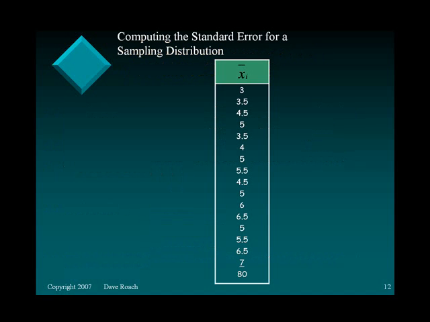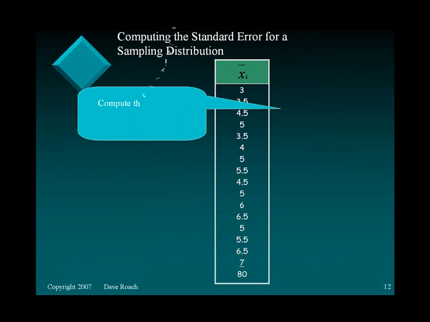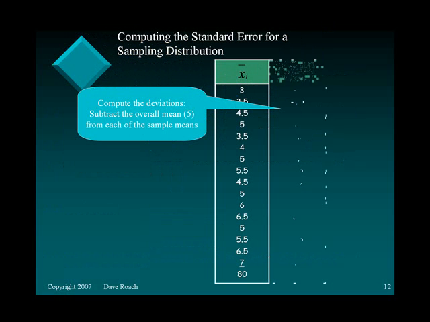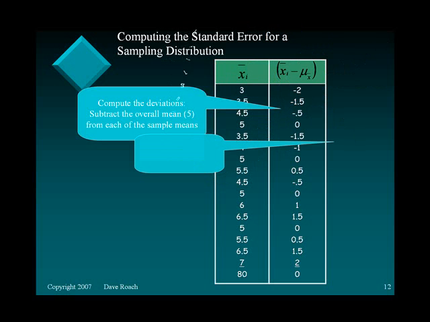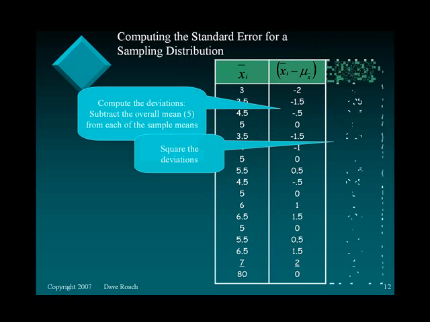So now let's compute that standard error. We're going to compute the deviations, subtracting the overall mean, 5, from each of the sample means. So we've got 3 minus 5 is minus 2. 3.5 minus 5 is minus 1.5, and so on down the list. Then we're going to square each of those deviations.